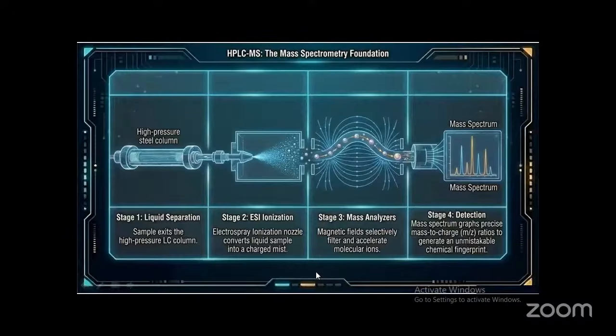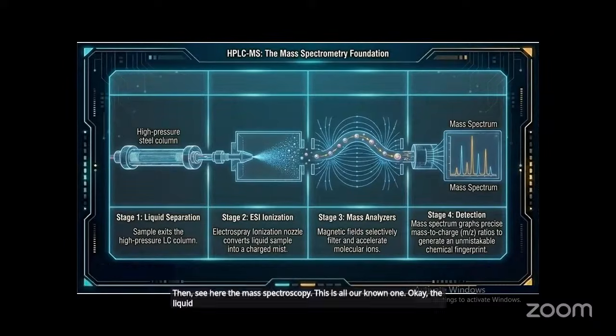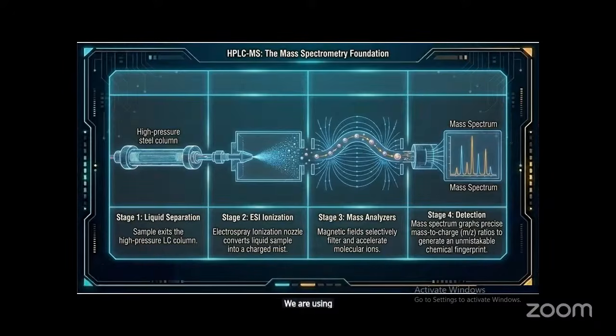Next slide. Then see here the mass spectroscopy. The liquid-separated sample exits from the column with high pressure into the LC column, where generally an electrospray ionization nozzle converts the liquid sample into a charged mist. We are using electrospray ionization. Later, there are the mass analyzers.